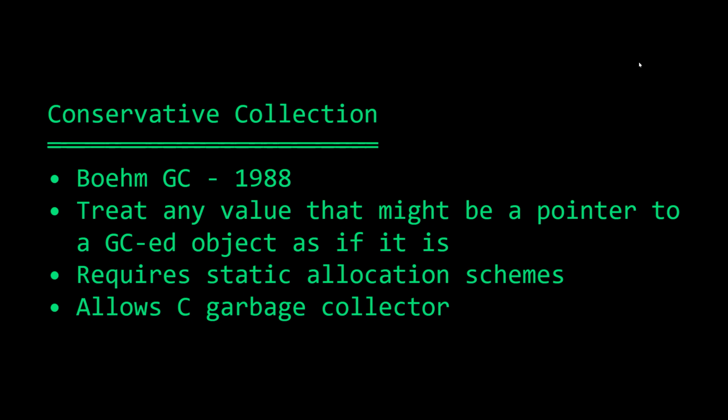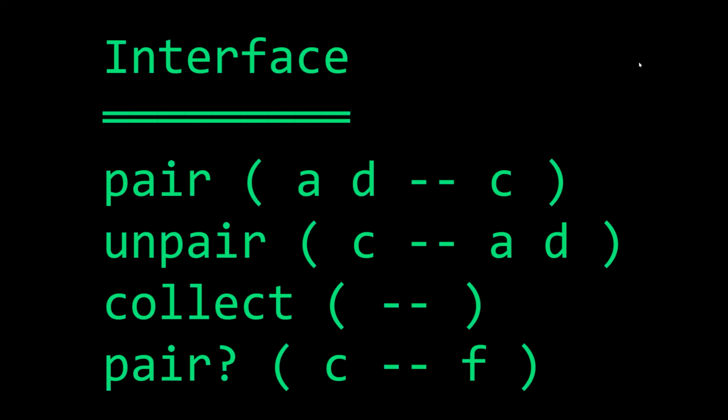So with a conservative collector you innately need to use a stationary style collector. But it does have the cool property that you can do garbage collection in a language like C, and by inference also in Forth. So how am I going to build my garbage collector? I'm going to provide a simple interface to it where I'll take a pair of values, and I won't assume anything about those values.